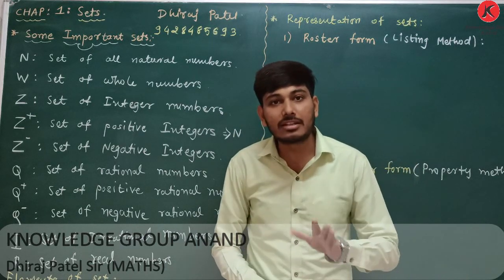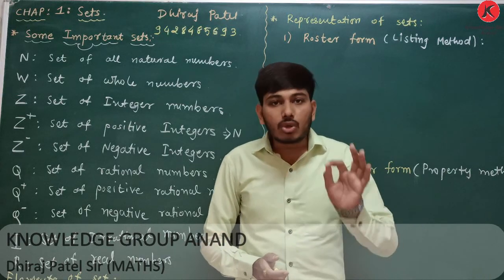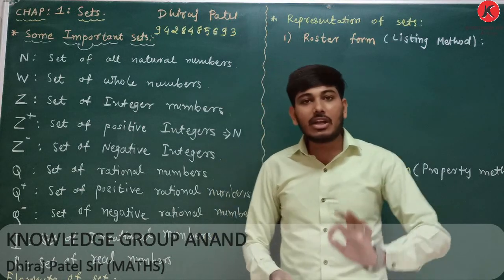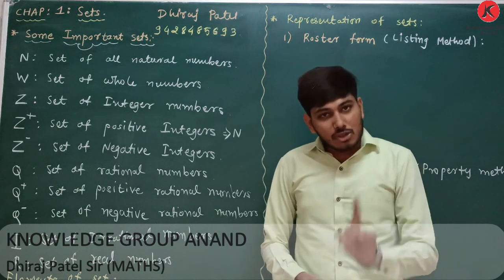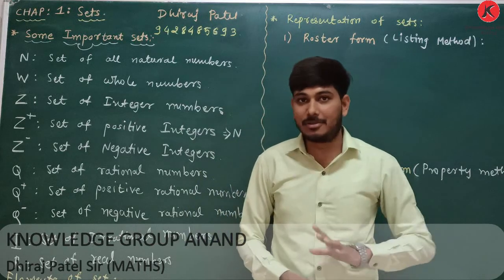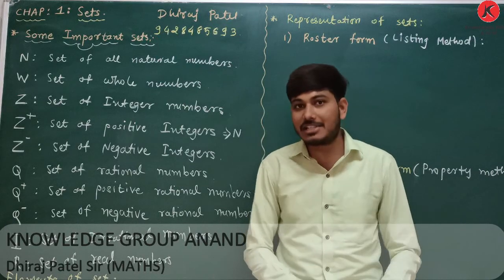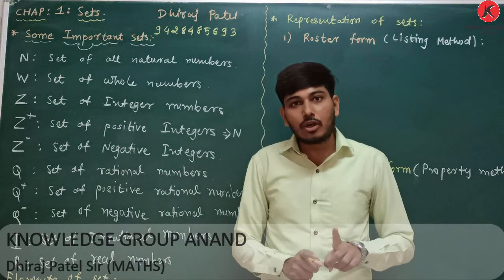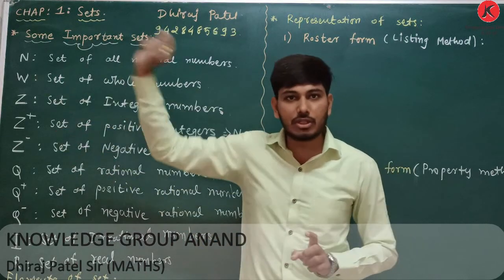The list of irrational numbers includes root 2, root 3, pi, root 5, root 7. They all are irrational numbers. The square root of any prime number represents an irrational number. Pi is also an irrational number. The actual value of pi is 3.14 something, continuing infinitely.